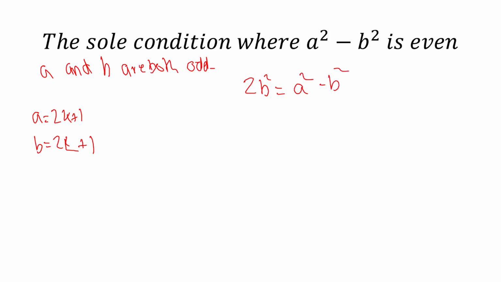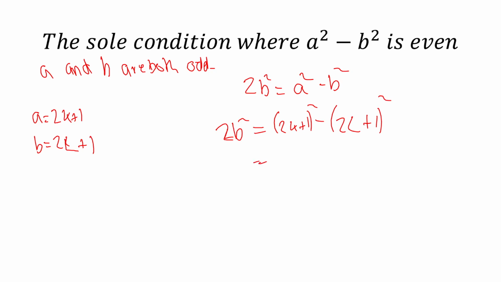And we substitute in our values of a and b, now that we know that they're both odd. 2b squared equals (2k plus 1) squared minus (2l plus 1) squared.